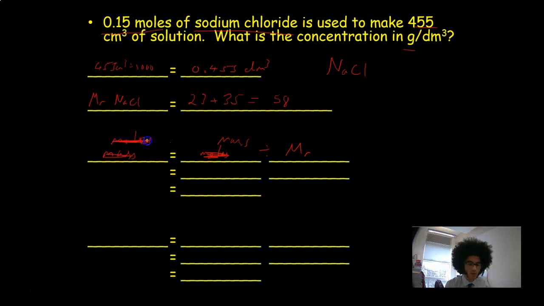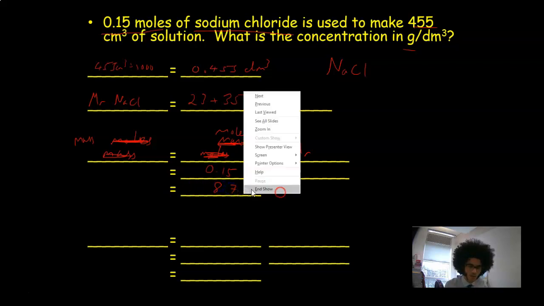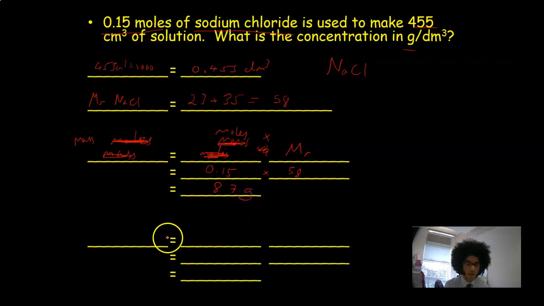So to do that properly, you want mass equals moles multiplied by MR. My moles is 0.15, my MR is 58. So 0.15 multiplied by 58 gives me 8.7 grams.